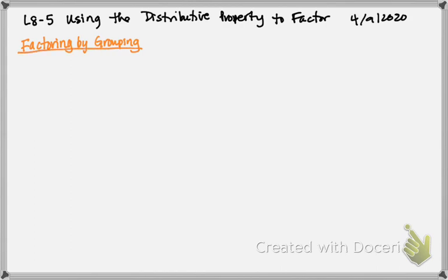Factoring by grouping. Now, factoring by grouping has a specific condition that needs to be met. Number 1, there needs to be 4 or more terms in the polynomial. Now, what's going to be funny is I am going to use this technique again in the chapter, but I don't have a 4-term polynomial.